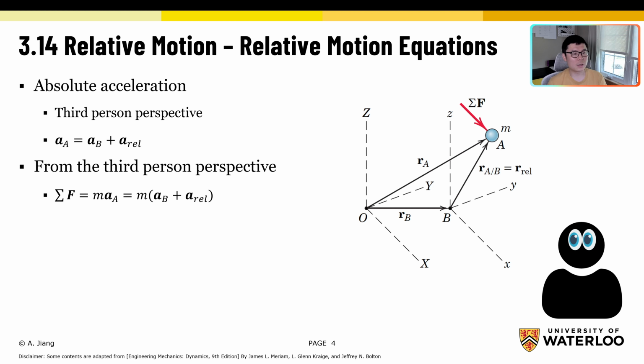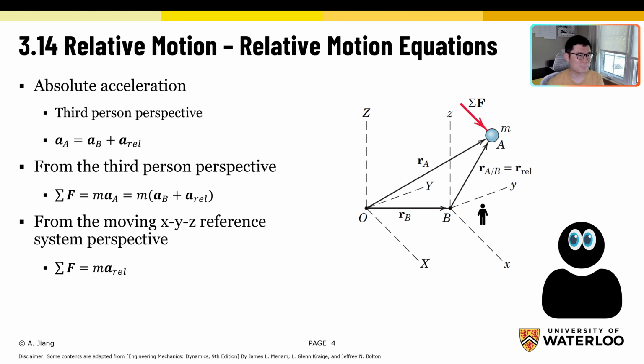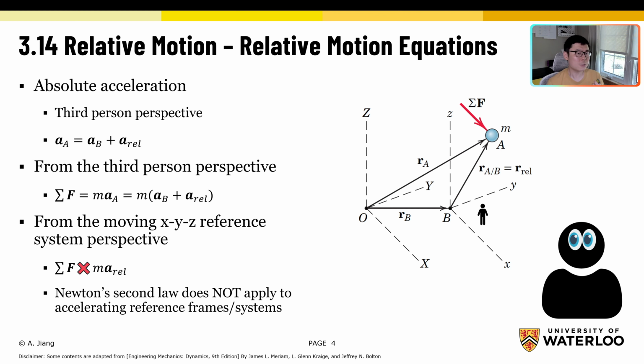Now, we're going to multiply both sides with the mass m, and ma will give us force. However, be careful here. If you just look at the sum of the force F acting on A, you might end up thinking sum of F equals m a_rel, which is wrong, because Newton's second law does not apply to accelerating frames or accelerating coordinate systems.